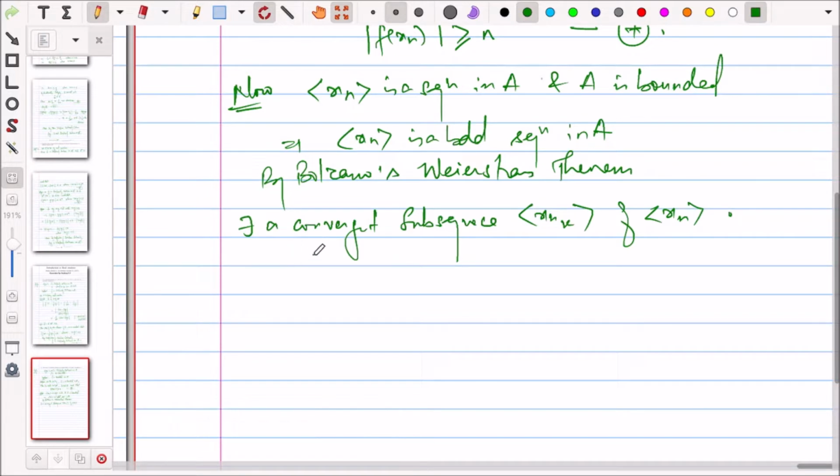Now this x_{n_k}, being a convergent subsequence, is a Cauchy sequence.